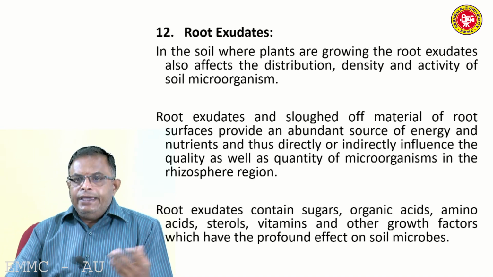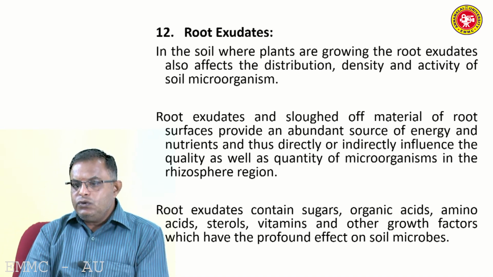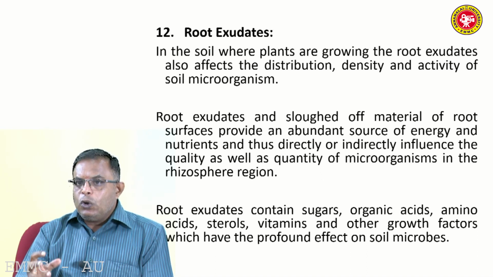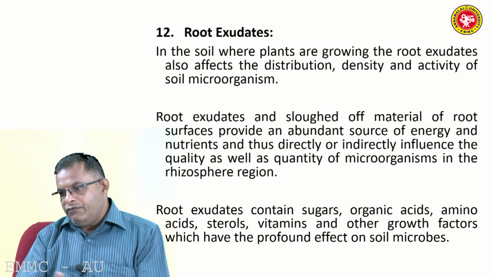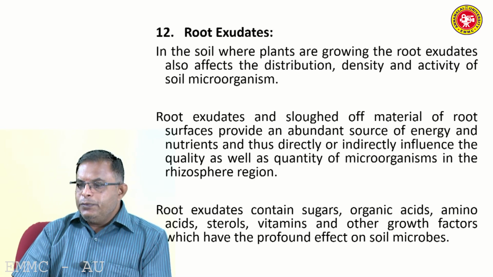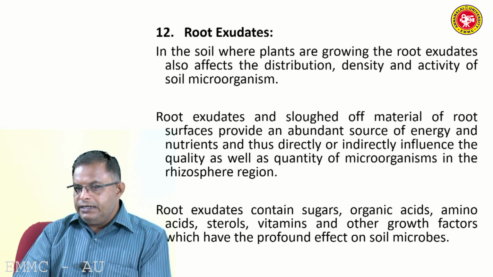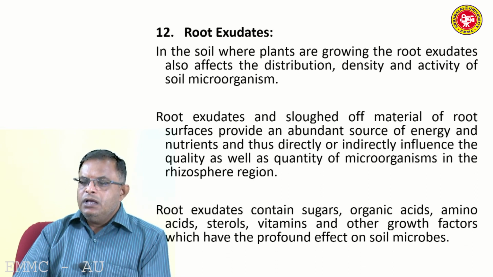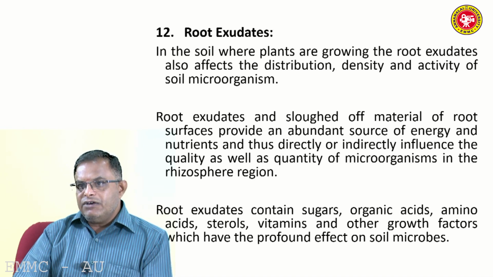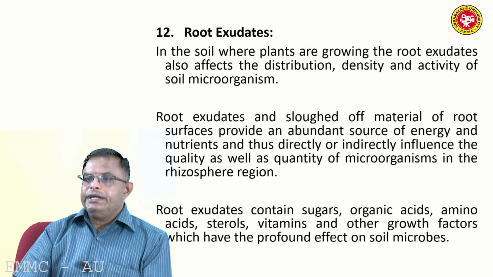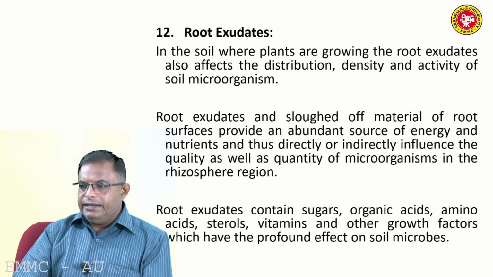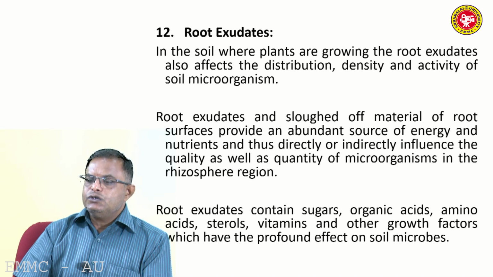And the last one is root exudates, that means the products which are excreted by the root, and how they affect the distribution, density and activity of soil microorganisms. These root exudates and sloughed off material of root surfaces provide an abundant source of energy and nutrients, and thus directly or indirectly influence the quality as well as quantity of microorganisms in the rhizosphere region.